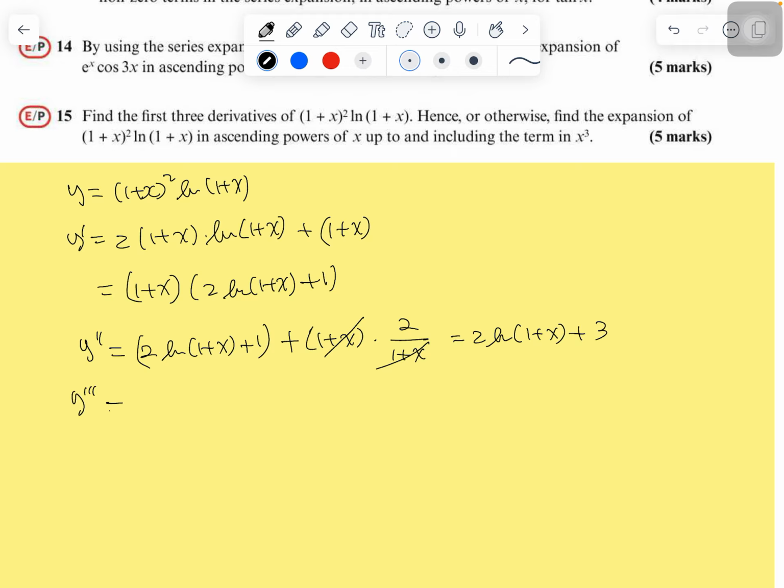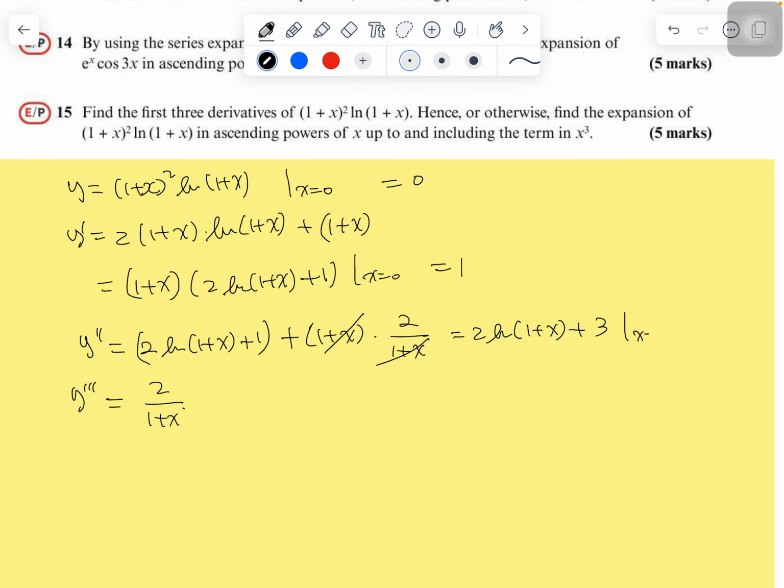So y triple prime becomes 2 over (1 plus x). So let's put x becomes 0. So this is 0. X becomes 0, this is 1. And x becomes 0, becomes 3. X becomes 0, this is 2.